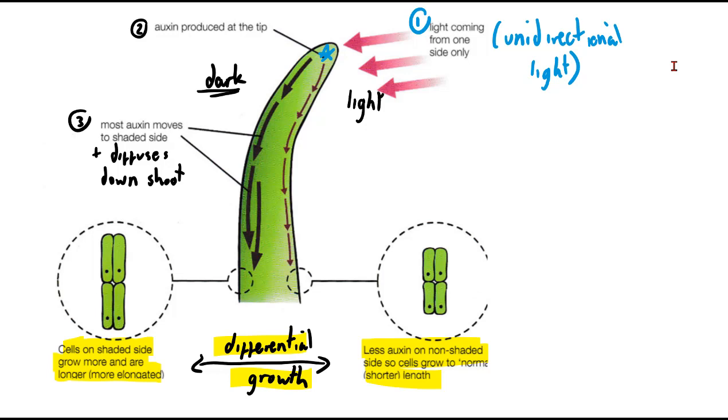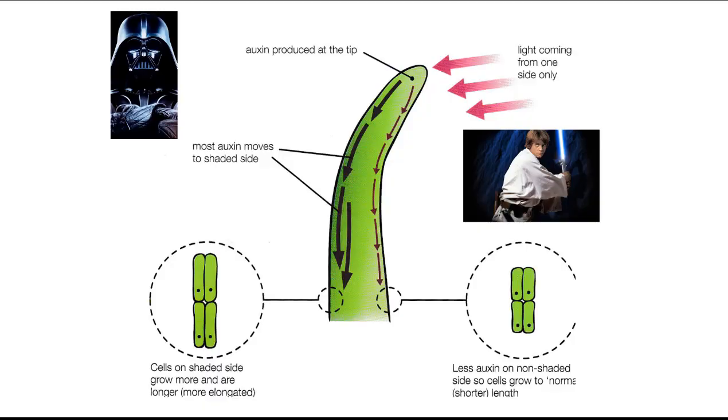The cells on the outside, or the dark side, grow longer than the cells on the inside, and that causes the shoot to bend towards the light. Now, for no other reason other than Star Wars' class, over here we've got the light side, and over here is the dark side. So the auxin is produced at the tip, and the auxin goes to the dark side.